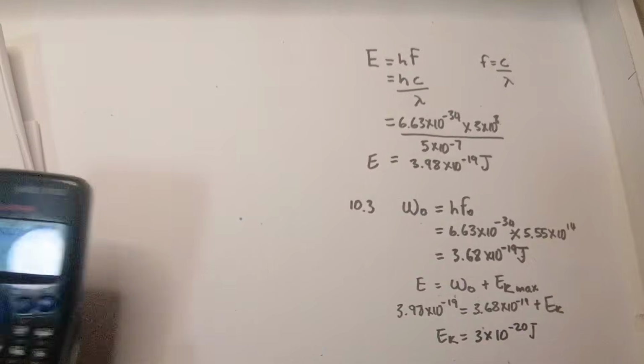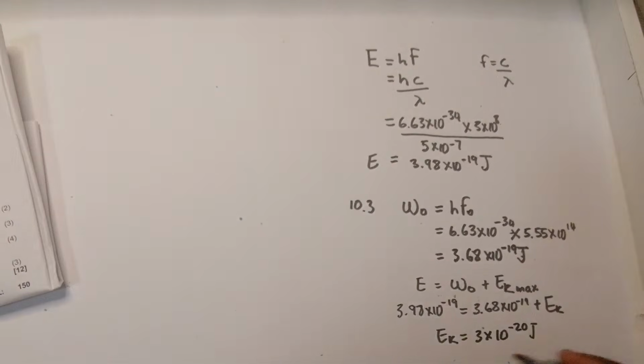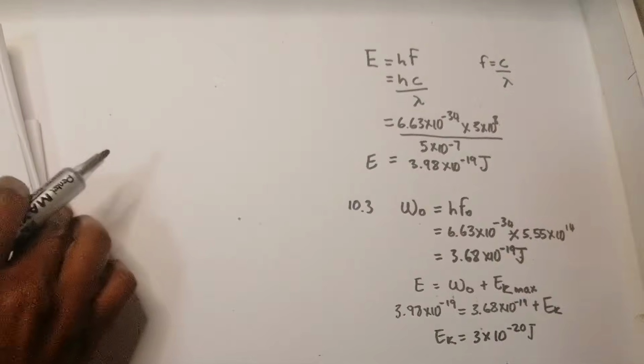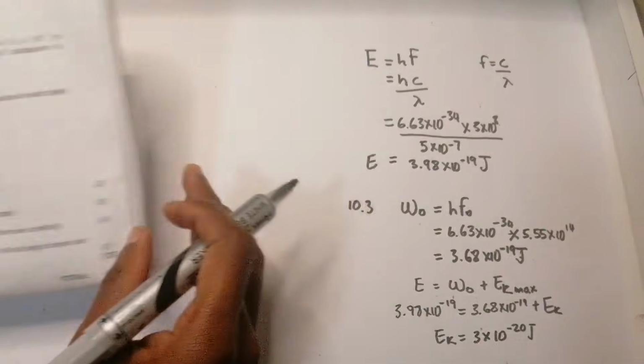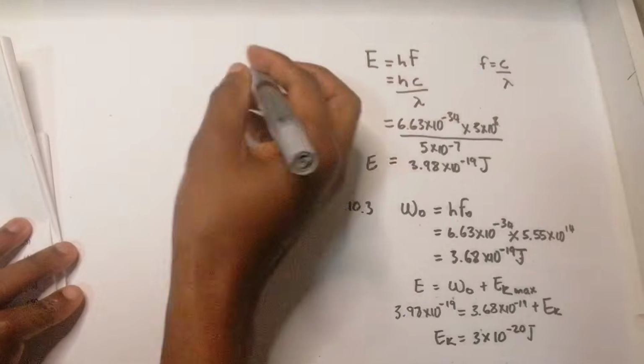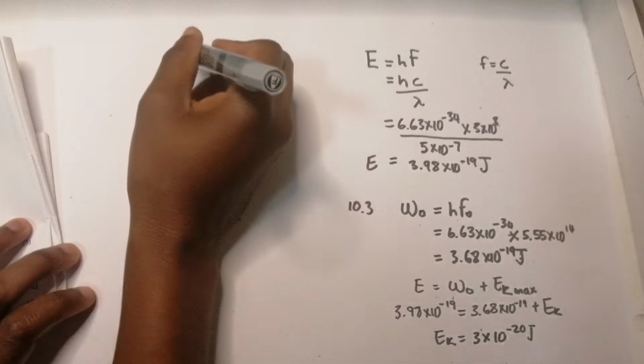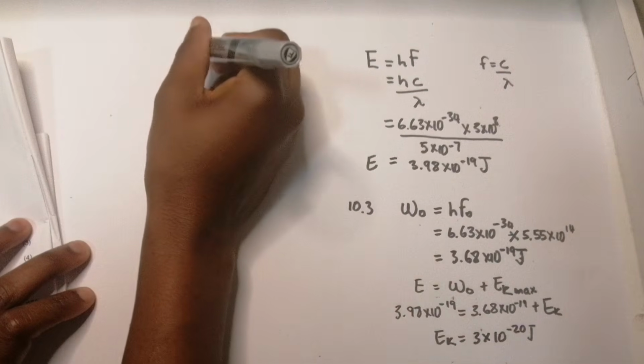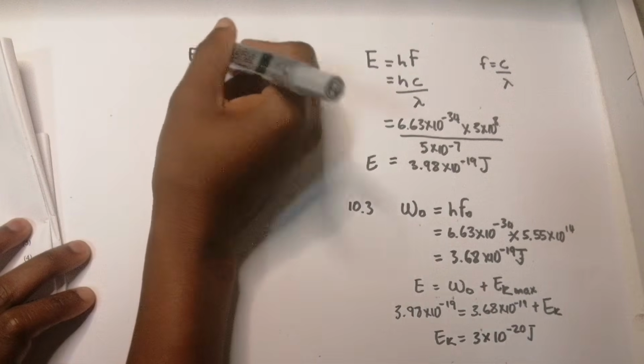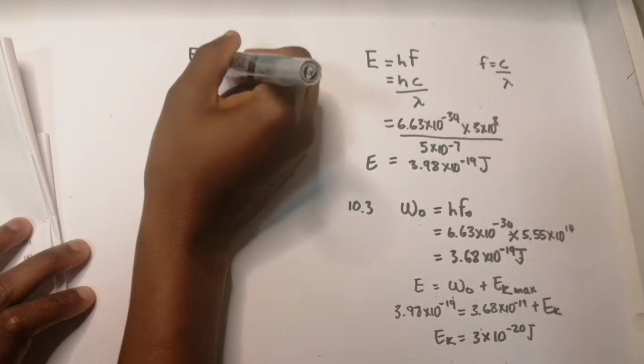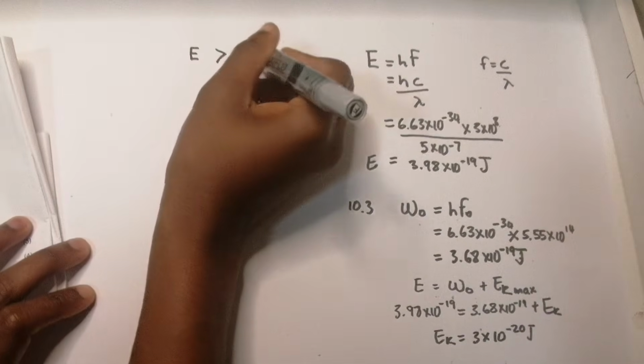Right. So I get a positive value for kinetic energy, which simply means to me that there will definitely be a movement of electrons. What you also could have done is you could have just concluded, I'm just going to write it on this side, that my E value, the energy of the photon, is greater than the work function.